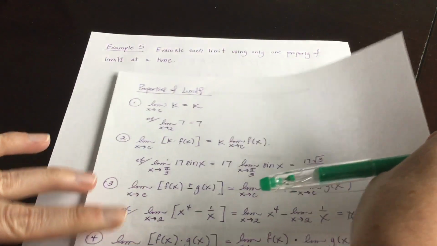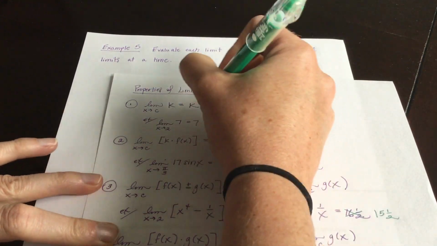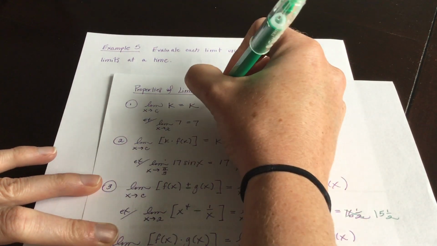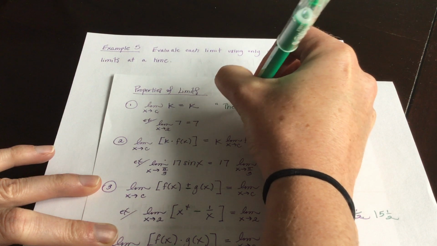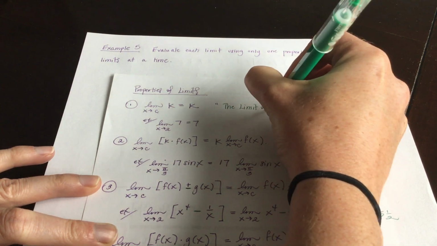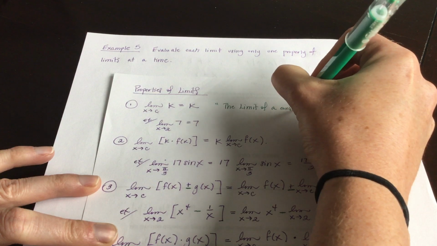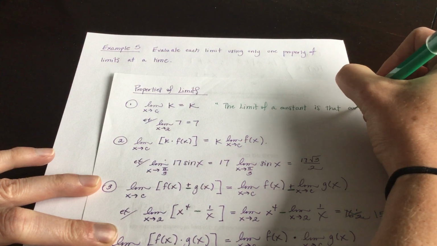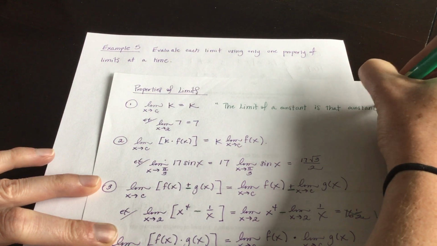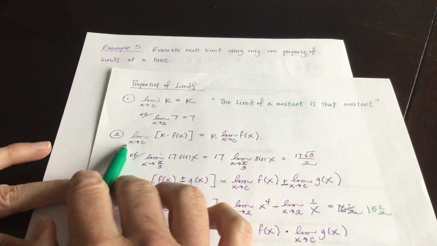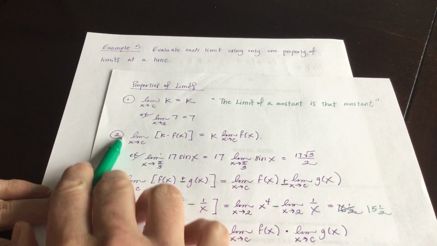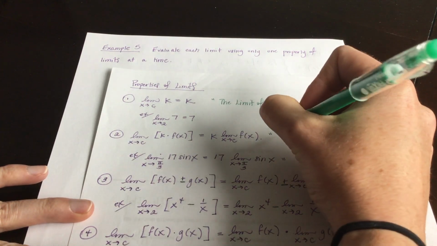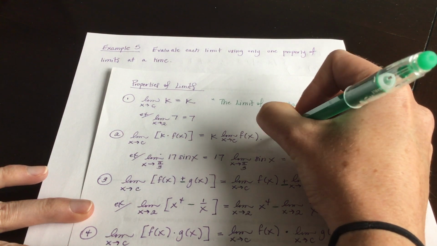So, the name for this first property, where you take the limit as x approaches c of k and you still have k, the name for that is the limit of a constant is that constant. Property 2, where you can pull the constant multiple in front of the limit and take the limit of the remaining function of x, this is called the constant multiple rule for limits.